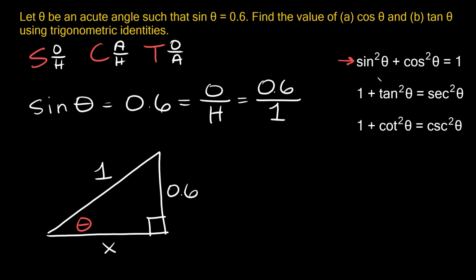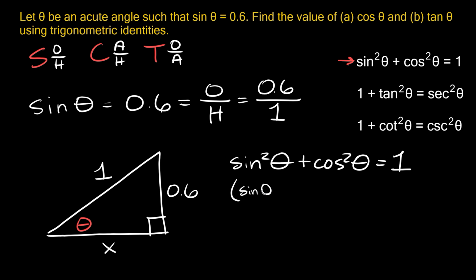So here, let's just write down our identity. So we're going to say that the sine squared of theta plus the cosine squared theta is equal to 1. Okay, now the sine squared of theta is the same exact thing as the sine of theta squared, right? That's what this means. So what is sine of theta in our problem?